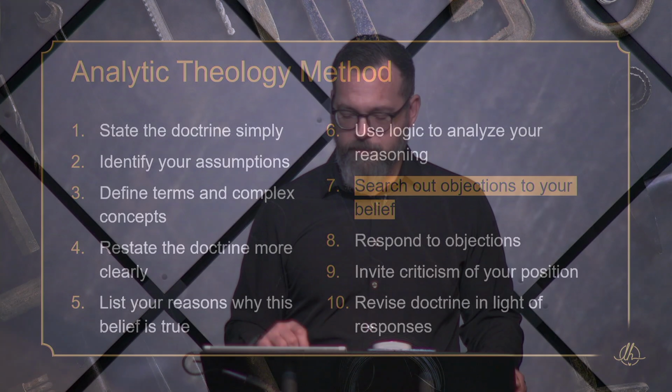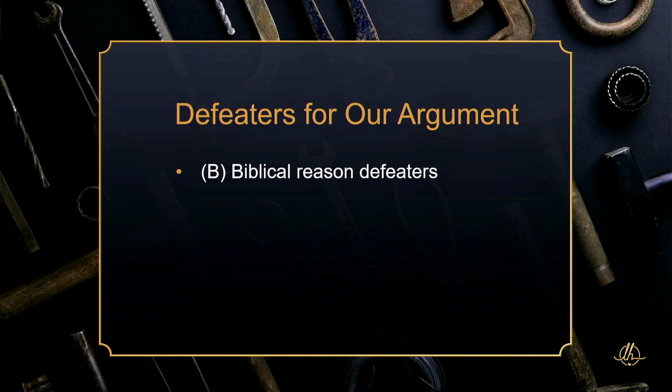Let me slow down here. Okay, number 7, search out objections to your belief, right? Let's look at the objections. I'm calling the objections defeaters because if they defeat your argument, that's why they're called defeaters. It's not my terminology, but it's typical. So, B: if we can show that there are defeaters for the biblical reasoning, in other words, we can find a Bible verse that says Jesus is actually present, then that would defeat B. If B is defeated, our whole case falls.